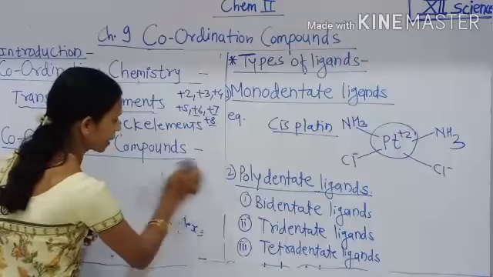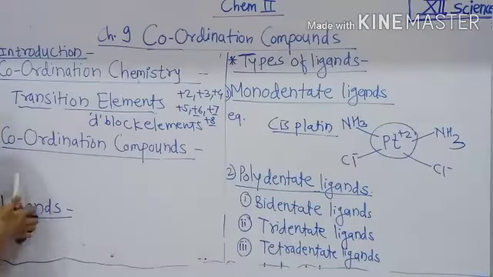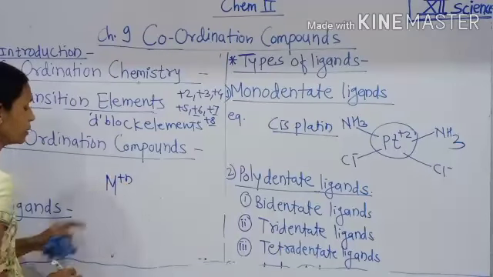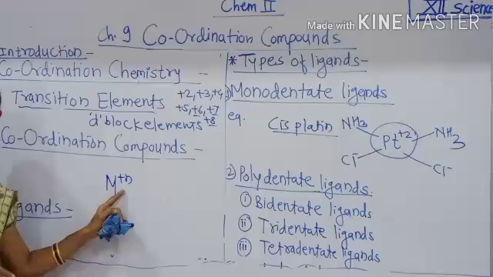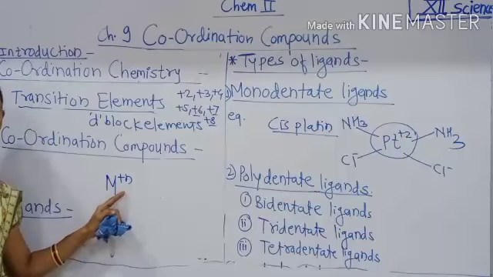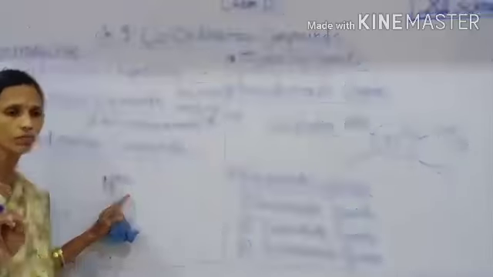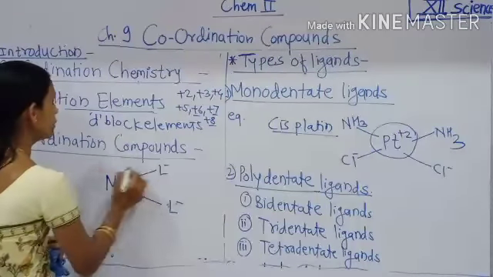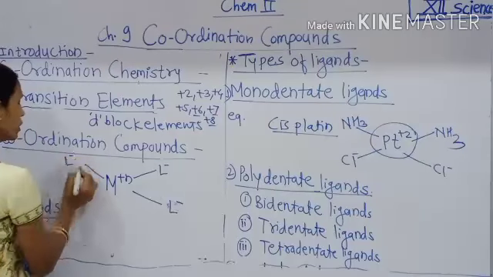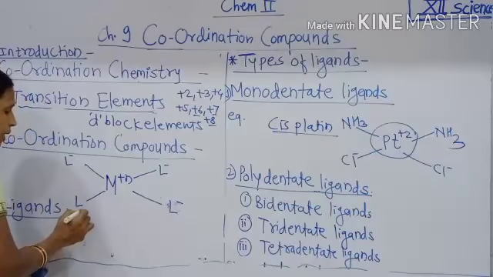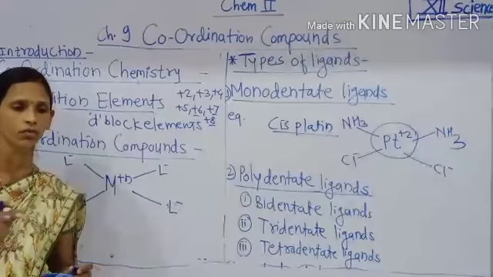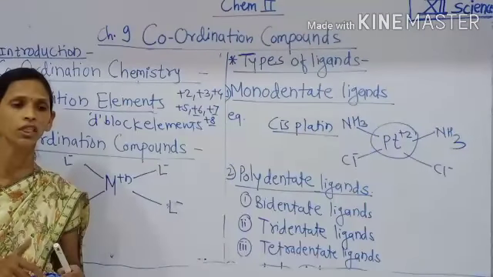That means it contains a central metal ion in its higher oxidation state, and that central metal ion is surrounded by a number of groups or molecules. These are nothing but negatively charged groups, or these may be neutral. And sometimes, in rare compounds, they are positively charged. That means, what is a coordination compound?